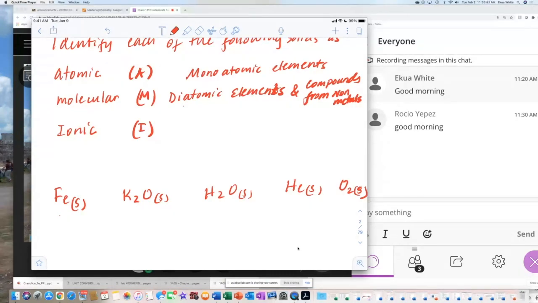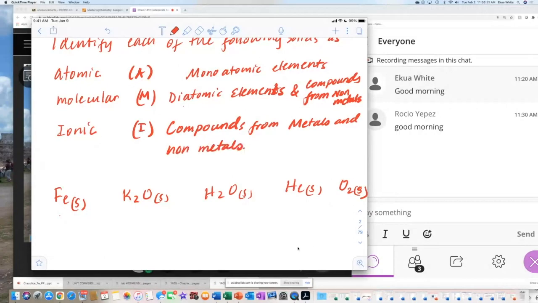Last one, ionic tends to refer to compounds, and remember, this is compounds from, most of the time, metals and non-metals.